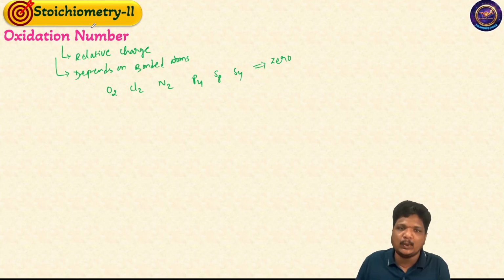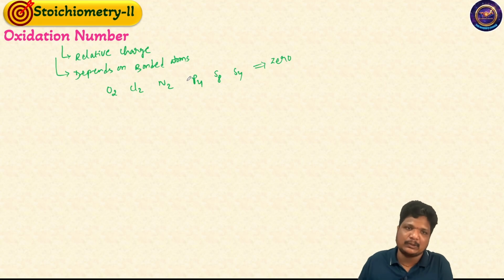If there is no electronegativity difference, there is no charge, and if there is no charge, there is no oxidation number.